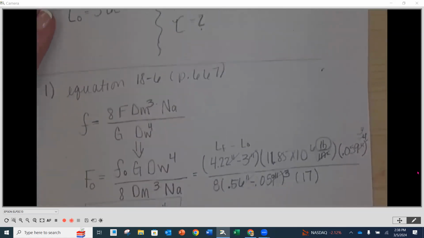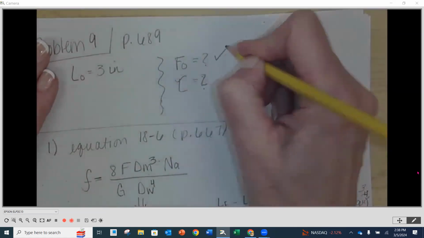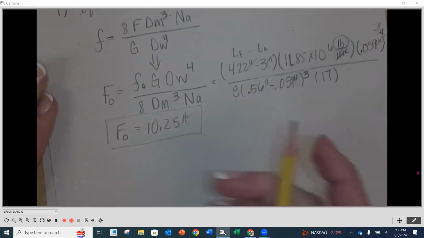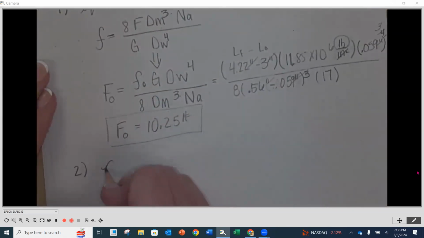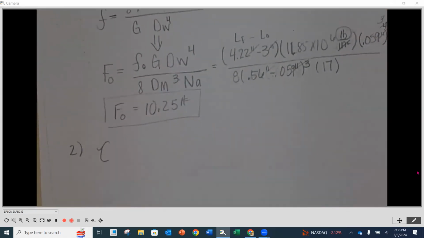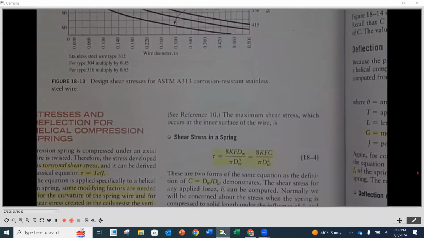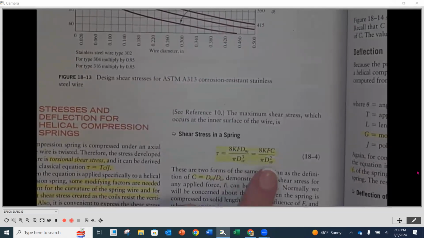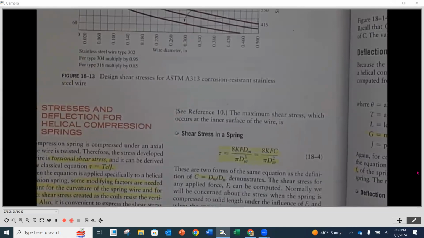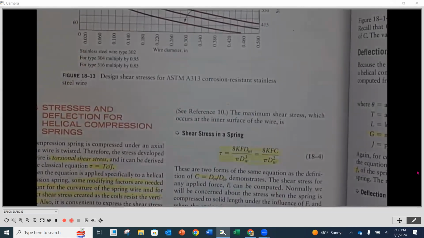If I go back up to the top here, I have my operating stress done. So my second part here is that I need to determine what my shear stress is. To find the shear stress, did you guys find that one? That one is on the previous page, 666. And there are 2 versions here. The one on the right uses the C, the spring index, and the one on the left doesn't. Let's use the one on the right. It's a little bit cleaner without as many powers to deal with.